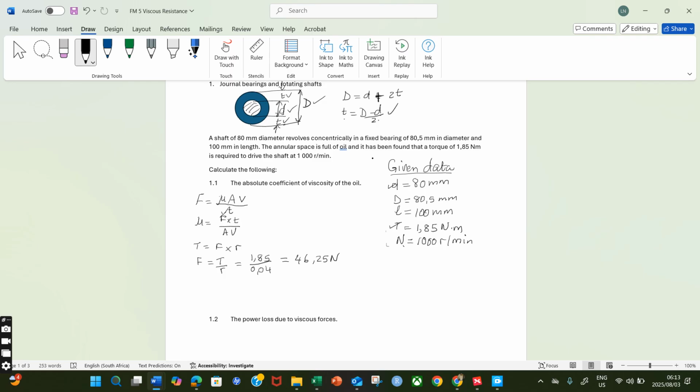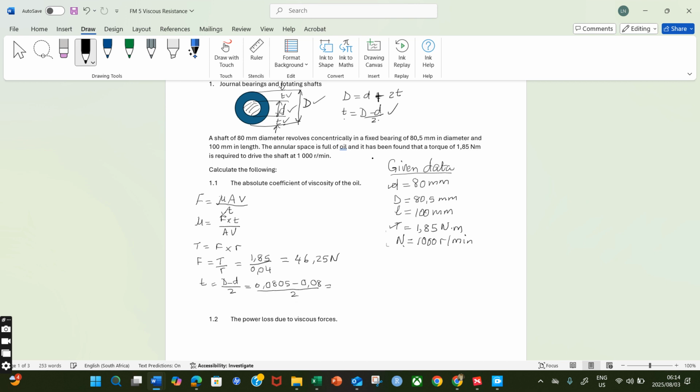All right, the clearance T is the big D minus the small d over 2. This is 0.0805 minus 0.08. Then we divide this by 2.